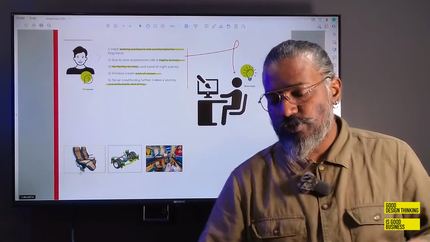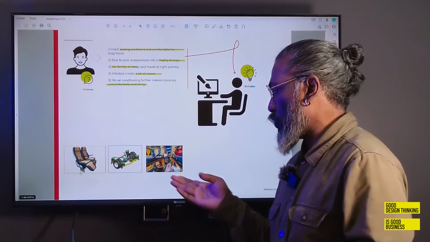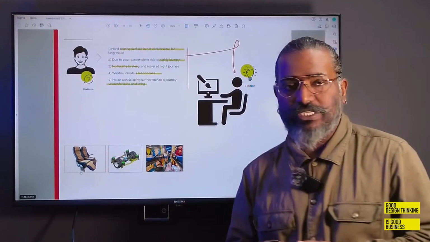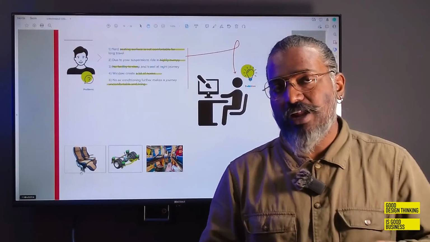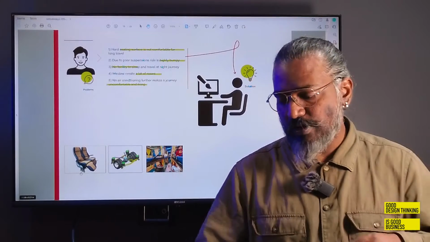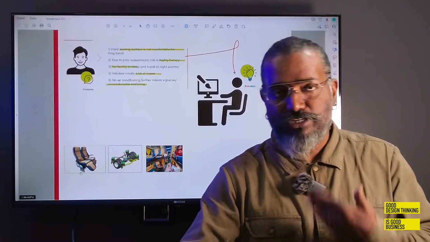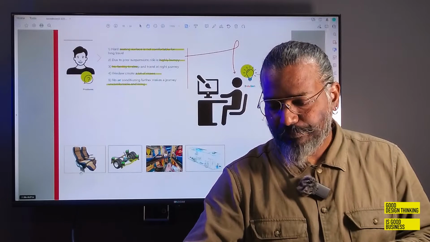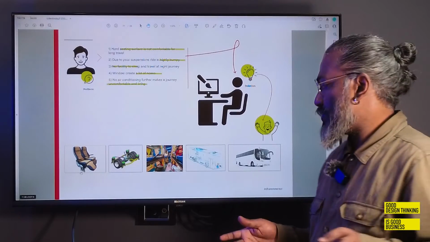Then of course nowadays there are a good number of buses providing sleeping facilities, and if the bus is traveling overnight or more than 10, 12, 16 hours, it's better to have a sleeping facility. And likewise, your bus can have an air-conditioned environment so that you don't feel tired.